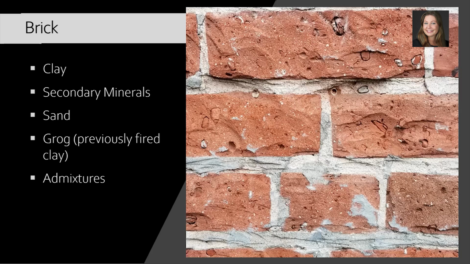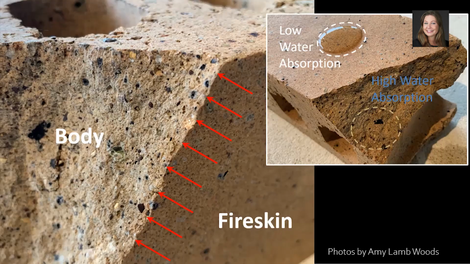Brick are clay-based materials. Again, they have things like sand and grog in them, secondary minerals. These are softer, tend to have expansive qualities due to the clay. But one of the natural forming things on brick is their fire skin that is developed in the kilns.